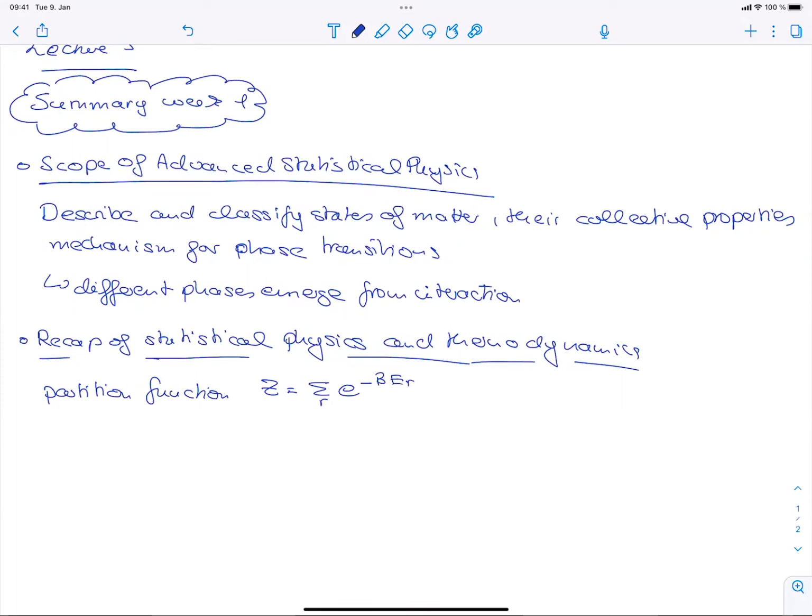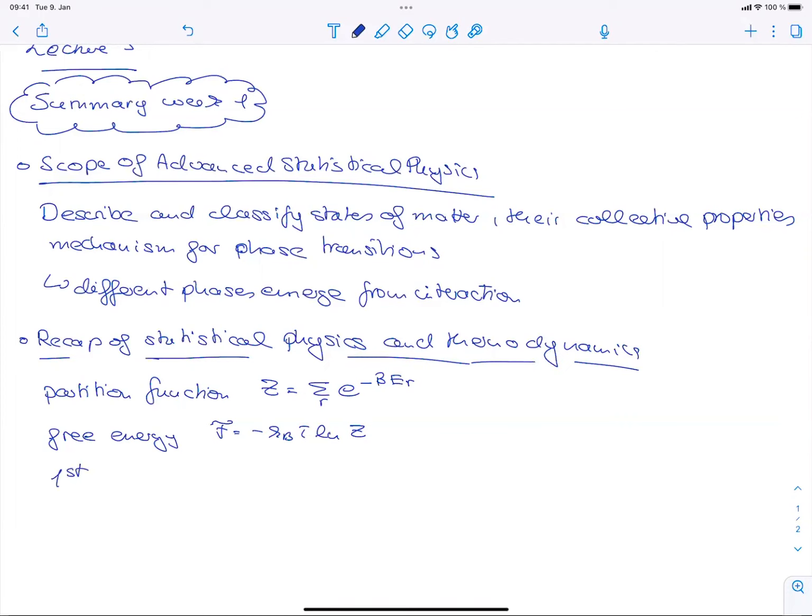And then starting from the partition function, we can calculate the free energy as minus k_B T ln of this partition function.